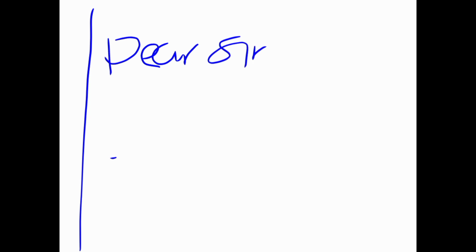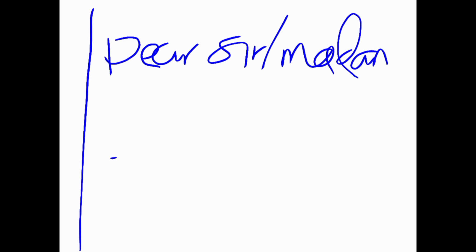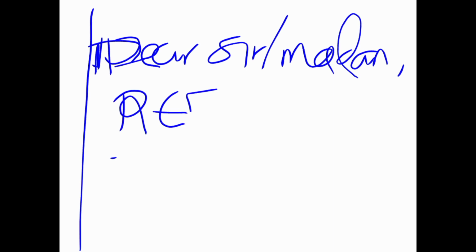You say, dear sir or madam, comma. The dear sir or madam should be flush with the imaginary line. It shouldn't leave a space. And then you indent the reference. You say reference. Reference should be written in short form.